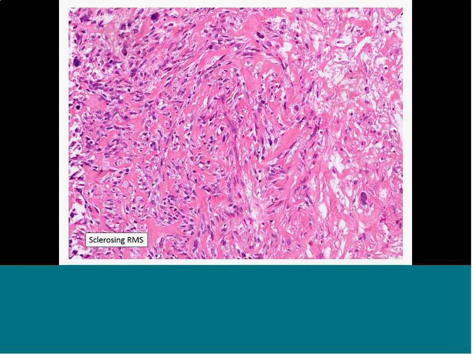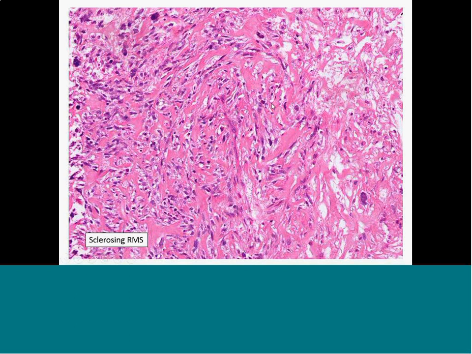The next slide, I'm going to show you some of the less common variants. This is probably not the best example of sclerosing, but it gives an idea as to what the sclerosing subtype should look like. Remember, the sclerosing subtype of rhabdomyosarcoma should be almost 80% sclerotic and very sparsely populated with these cells, as you can see here.